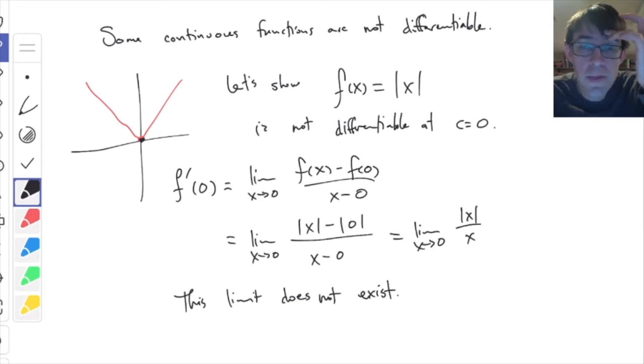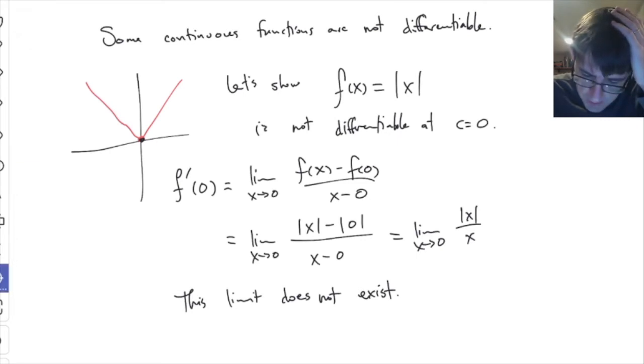I think in this case, the easiest way would be to find two sequences of x's which approach 0, but their values, when you plug them into this, go to different answers.